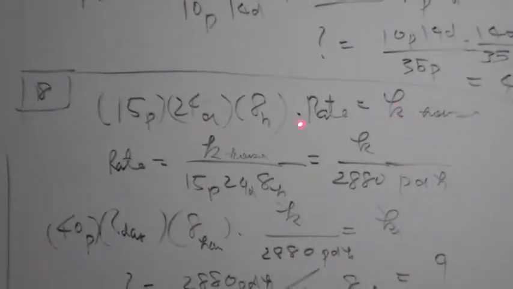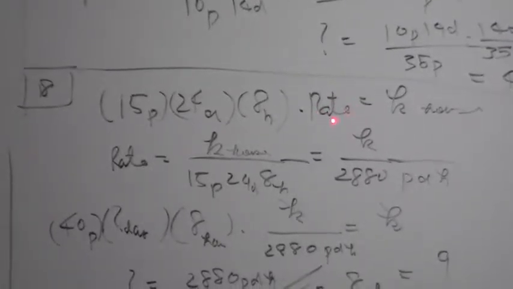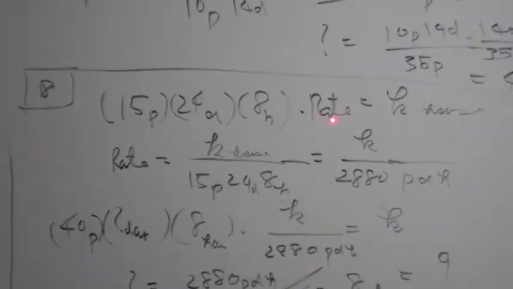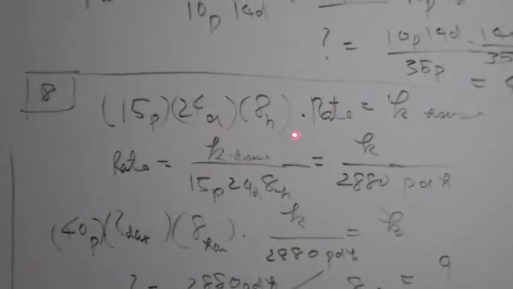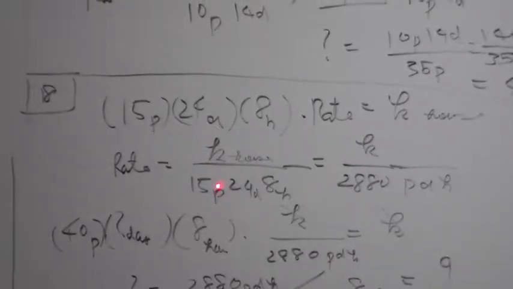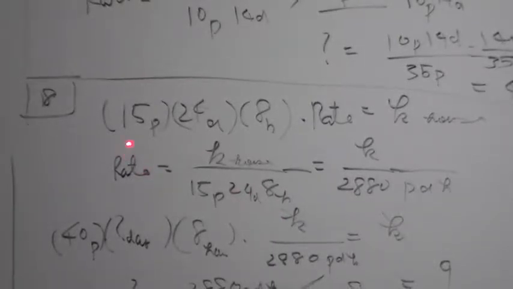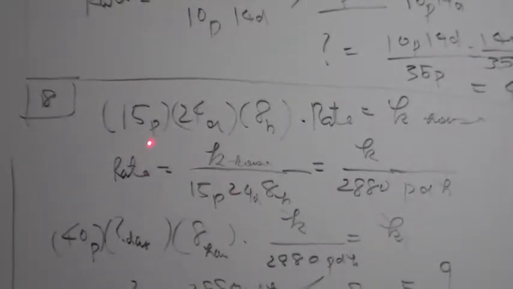We don't know how hard they're working, so that means the rate. To find this rate, we're going to move those parts to the other side. So rate is K house divided by 15 painters, 24 days, 8 hours.